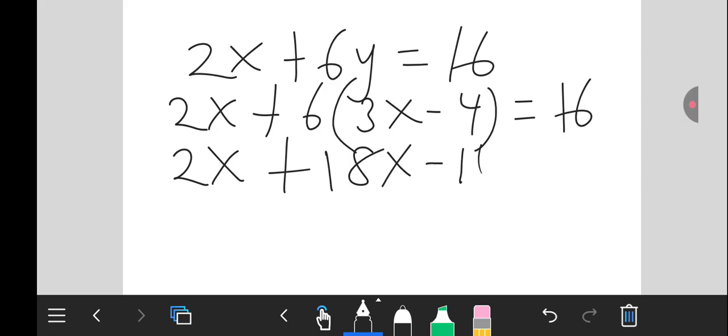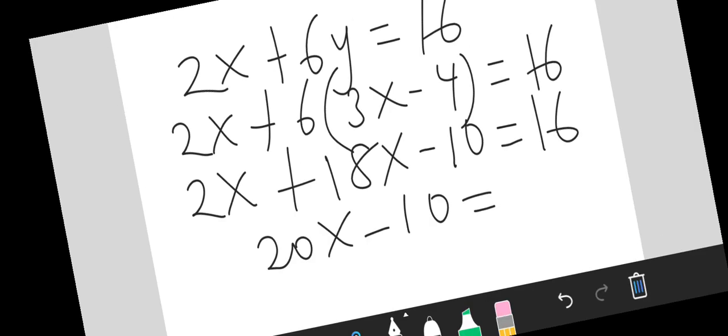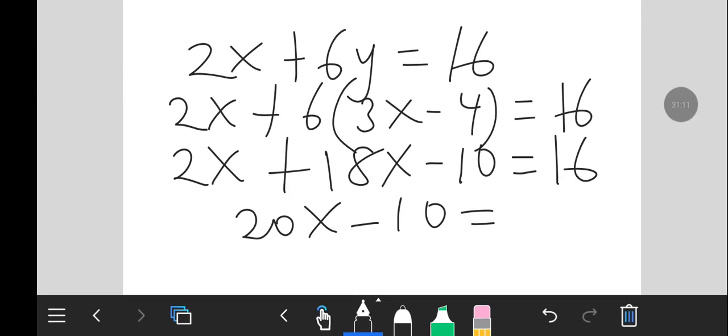Actually, that is not negative 10, sorry for that. 6 times negative 4 is negative 24.